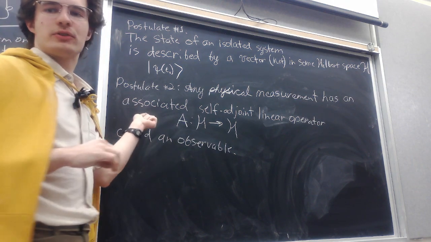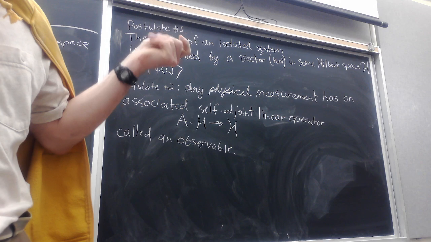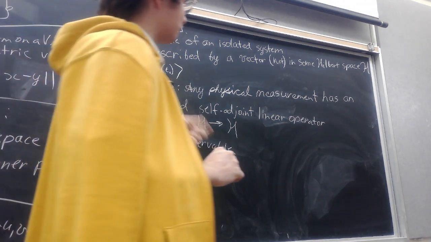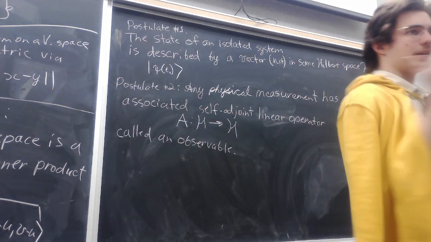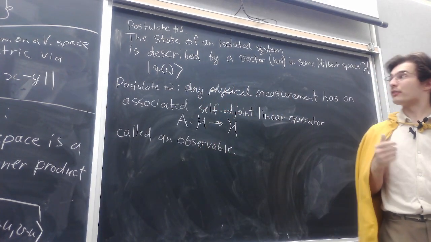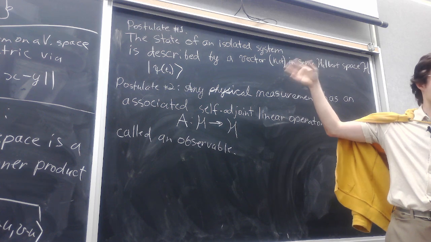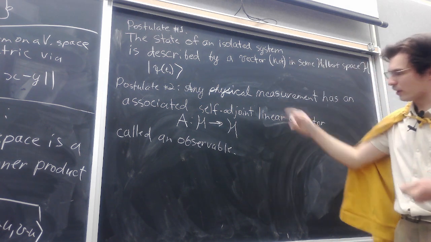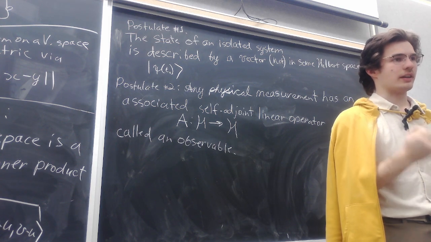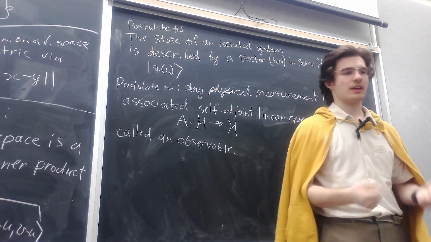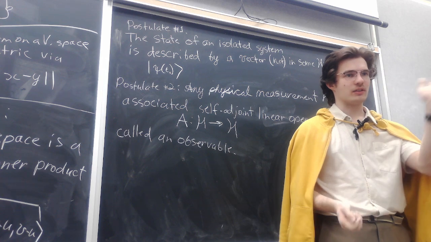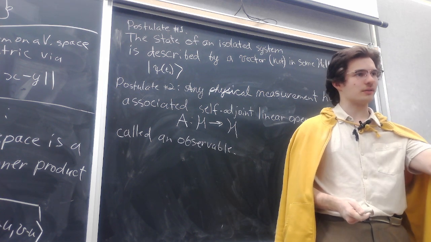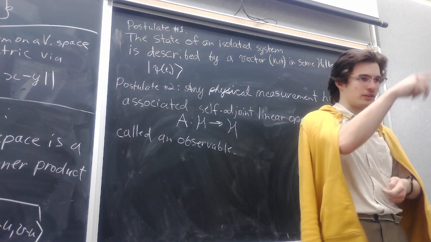So postulate number 2 and the next couple of postulates really should be combined into one big thing, but that's okay. So now I'm beginning to try and relate the real world to this quantum mechanics Hilbert space world. And I'm telling you the following. If I can do a measurement in real life, so I can have some gadget with some dial, and I can press a button and the dial makes a measurement and moves to some position, and I can read off what it says on that dial.